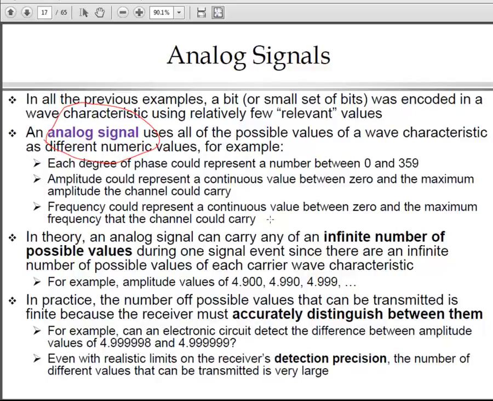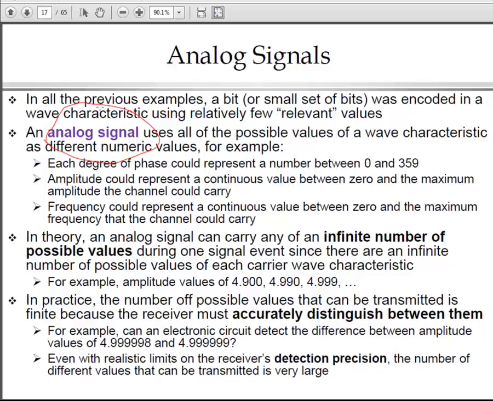The idea behind an analog signal is that whatever characteristic you're varying, and whatever the value of that characteristic, so for example, say a frequency of 20,000, or an amplitude of, say, 98.62 volts.